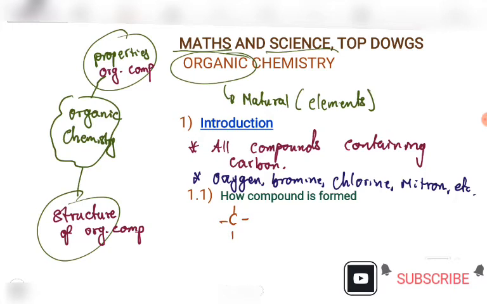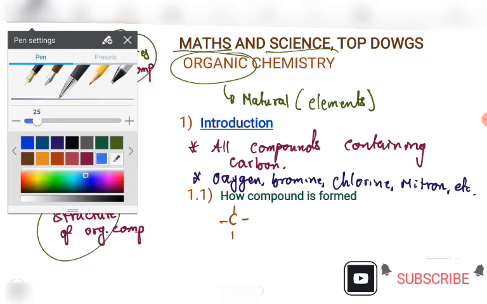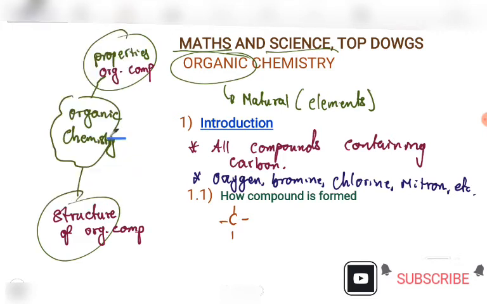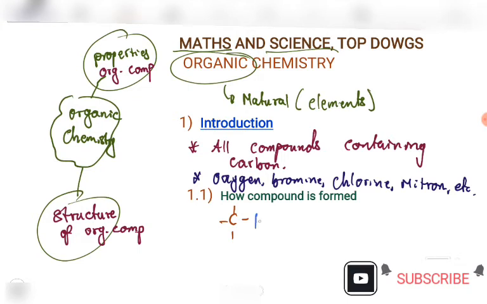So if we want to bond carbon with any element so that we can have a compound, we can bond it like this, by bringing hydrogen here, here, here, and here. Why? Because hydrogen can donate 1. You can't bring oxygen here because it's going to have a double arrow.